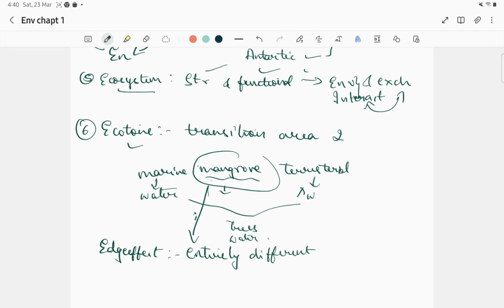For example, in a mangrove ecosystem, we can see special roots which have the ability to exchange air for oxygen for the development of the tree. This special feature is present only in mangrove. This is called an edge effect.